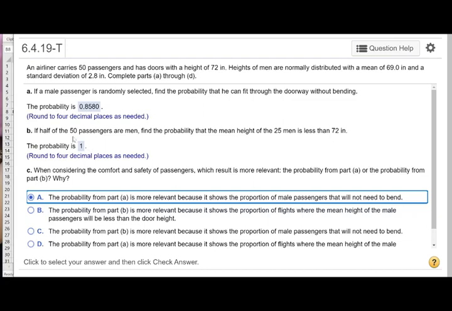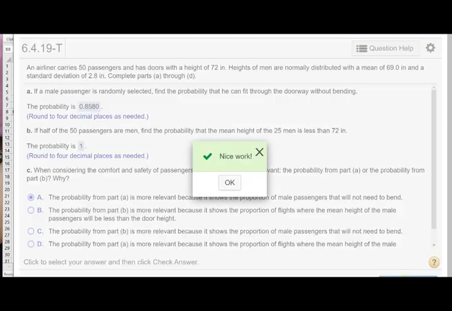It's telling us about groups of 25. We're not concerned about that. We're concerned about each individual male. And the probability from part A is more relevant because it shows the proportion of flights where the mean height... No, again, we're not talking about proportion of flights. Okay, so yeah, it looks like part A, or option A, sounds good to me.